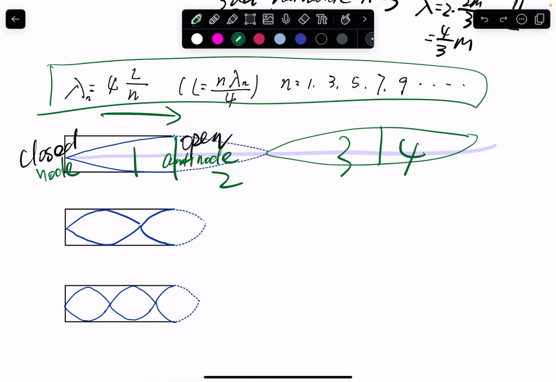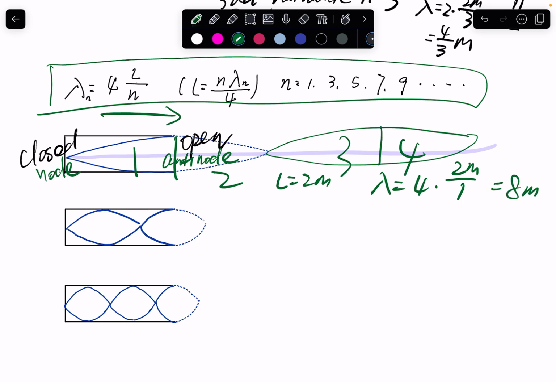Let's say, for example, L is again 2 meters. Then for the first fundamental frequency, your wavelength is 4 times the 2 meter length of the pipe over 1. That will give me 8 meters.